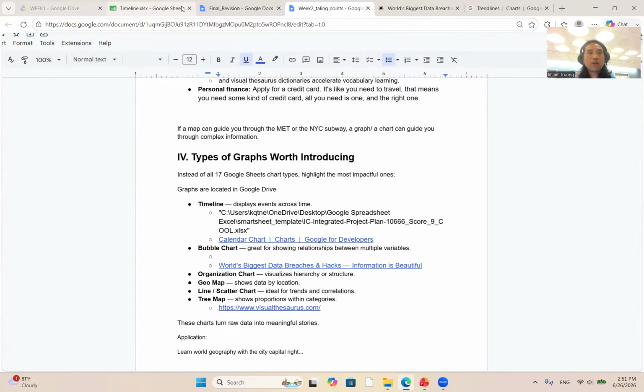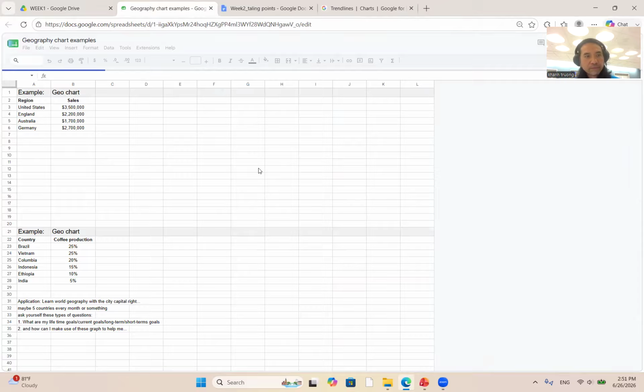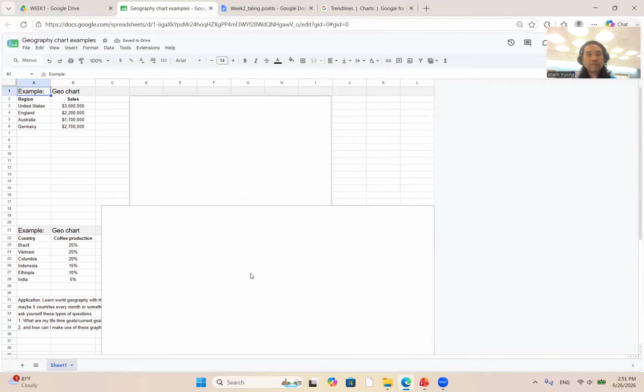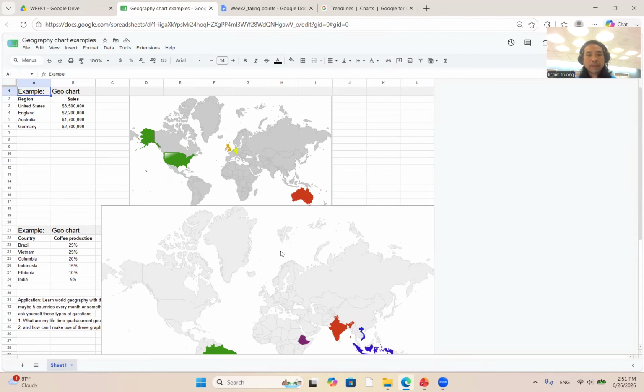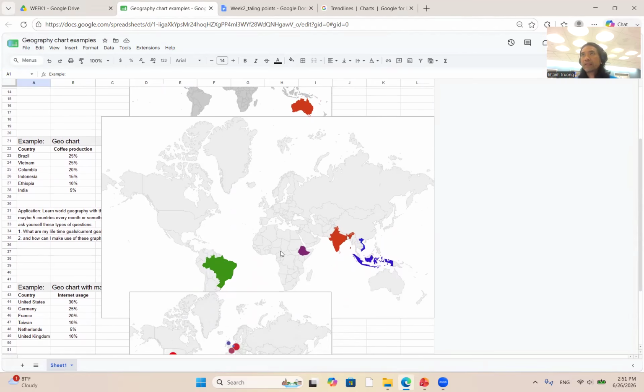Close this one. Let's say that's a geography chart. Here they probably have the list of the countries. This is our data.